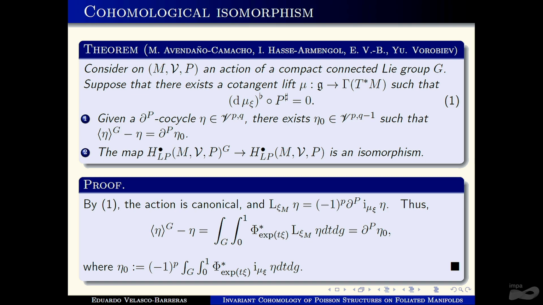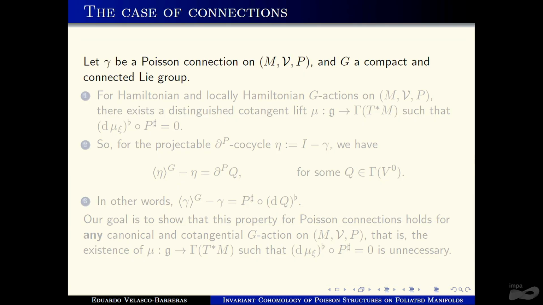And before going further, let us describe how this result works in the case of Poisson connections. So suppose we have a Poisson connection and a compact and connected Lie group acting on this Poisson foliation, and recall that in the case of Hamiltonian and locally Hamiltonian actions, we have a distinguished cotangent lift satisfying the property given by the previous result.